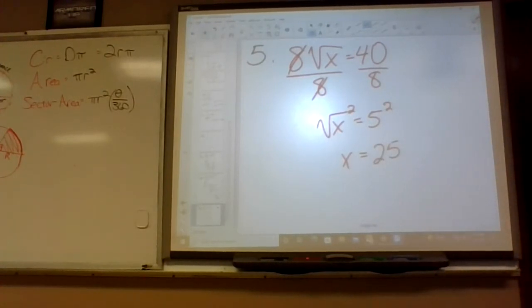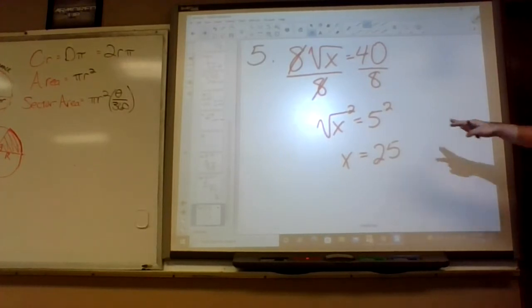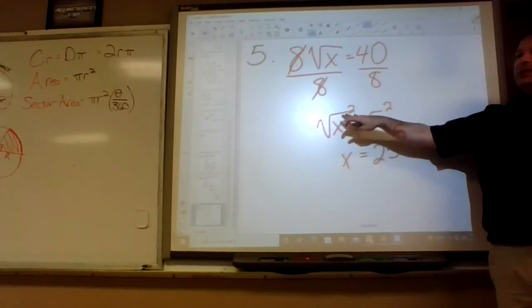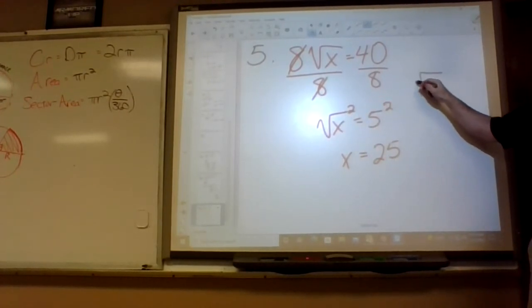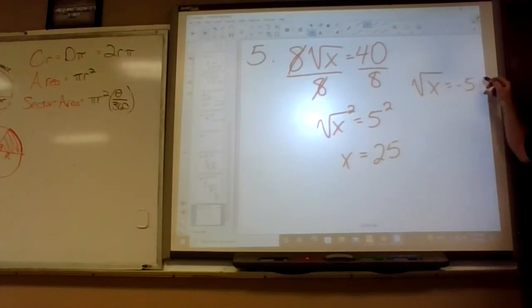When you use the square trick, like we square both sides to get rid of the square root, sometimes you get an answer that doesn't actually work. I'll give you a hint though, it usually looks more like negative, so that would be x equals positive 25, but usually those don't work.